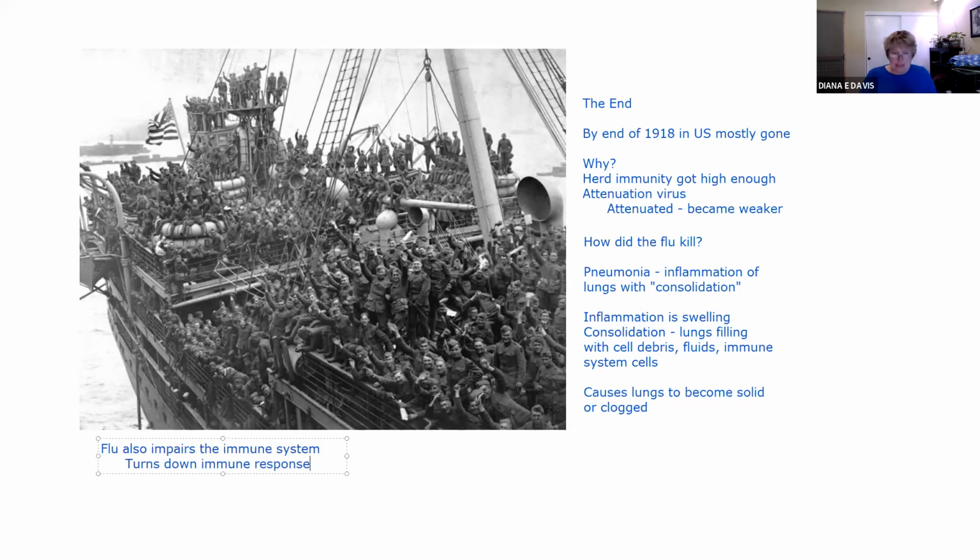But what that means is that there can be other infections. And if it's bacteria, nowadays we have antibiotics, but bacterial forms of pneumonia tend to be much deadlier than viral forms of pneumonia. So if it's bacterial pneumonia, you're going to have a higher death rate.